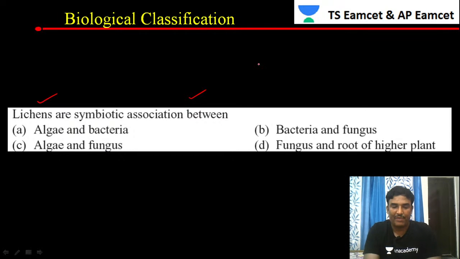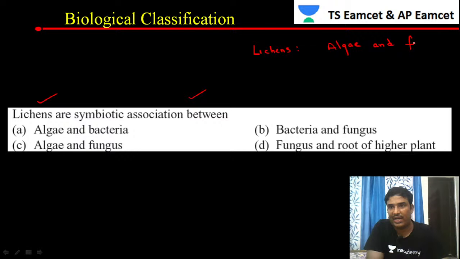Lichens are symbiotic association of algae and fungi, students.